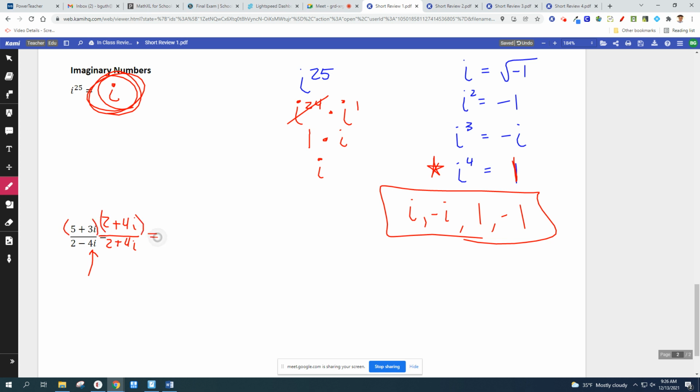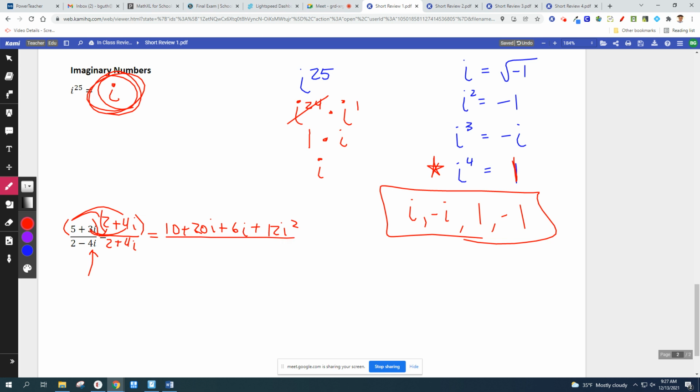So we distribute on the top, 5 times 2, 5 times 4i, and 3i times 2. And 3i times 4i. 3i times 4i is 12i squared.